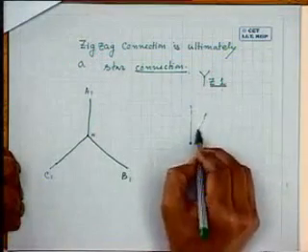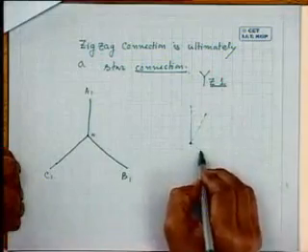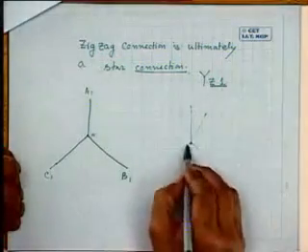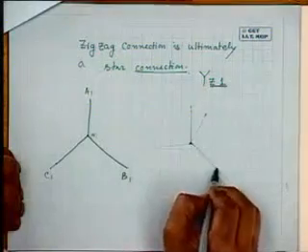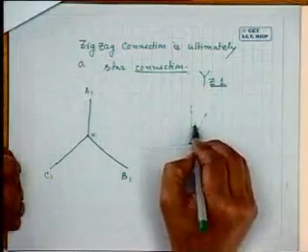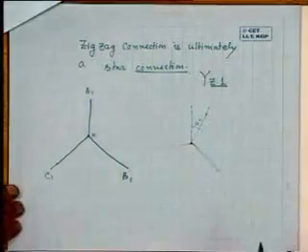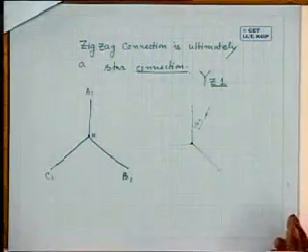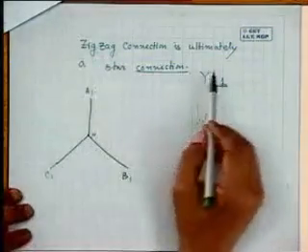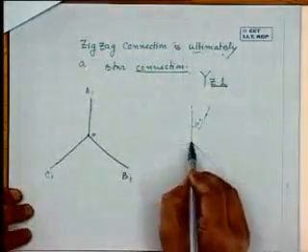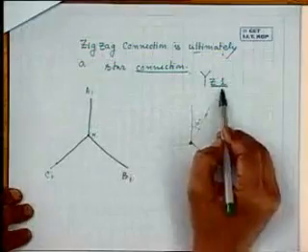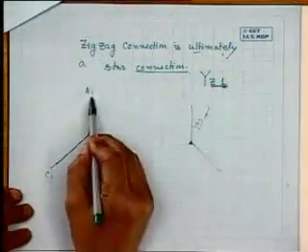That is, after this star connection is over, if this is the neutral of that star connection, your secondary voltages should be like this. See, secondary will be ultimately a star connection.